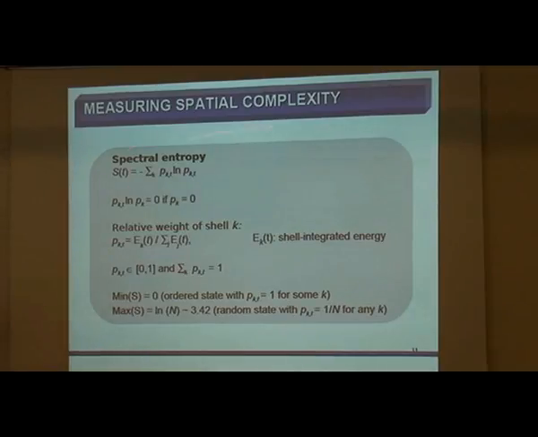Where is p? P is here. All energy is concentrated in one wave number, then that's totally spatially coherent. There's only one wave number. If you have energy evenly spread through all wave numbers, you have noise. That's maximum entropy.